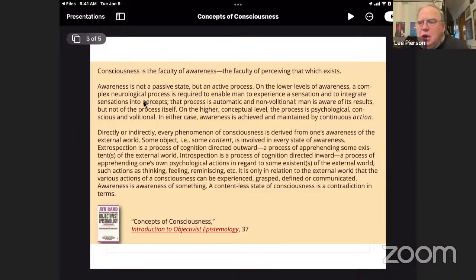Given that this term has been used badly in psychology, do we have a reference that would make that clear somewhere? Well, how about the analogy of the faculty of sight? The faculty is implemented by eyes and pupils and rods and cones, all kinds of other things. But if you're just focusing on what sight is, you're omitting all those other things.